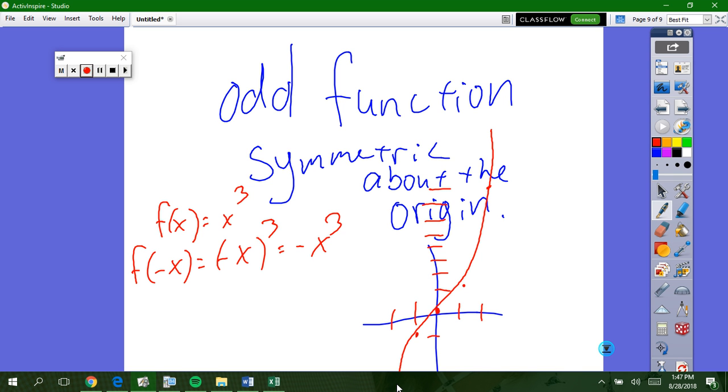Notice here, look at the points. 1, 1, as was negative 1, negative 1. Look what we just did. If I replace the x with its opposite, did I get the y's opposite? Yeah. What was another solution we had? 2, 8. If I replace the x with its opposite, did I get its opposite? That proves that it's odd. Okay.